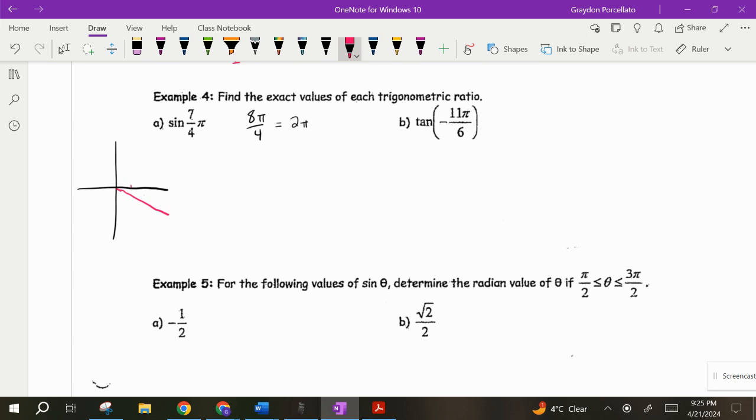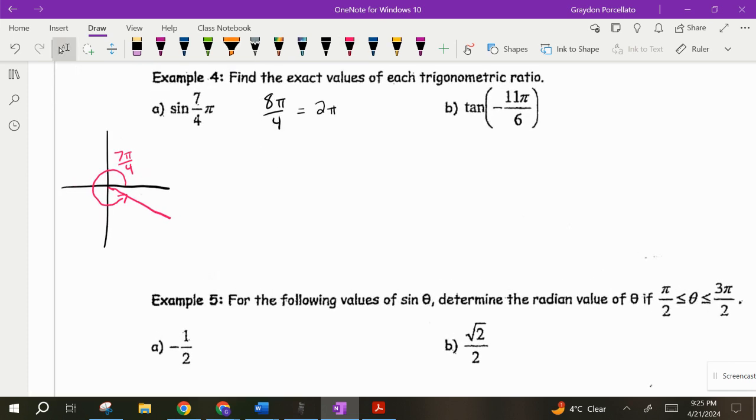So this here is 7 pi over 4. Okay, interesting. All right, so what does that mean? Well, we're going to use special triangles and acute angles.